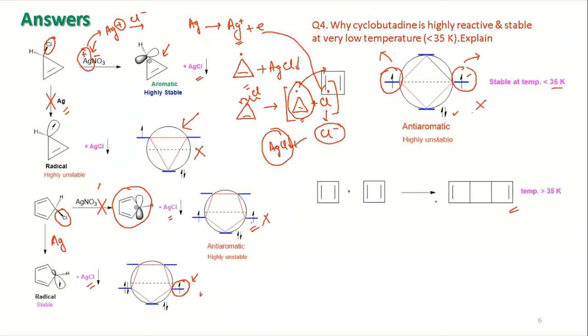Diels-Alder reaction. Diels-Alder reaction. Addition reaction. Tell me, is this a 4+2 reaction or a 2+2 reaction? 2 pi reaction or 4 pi 2 pi reaction?